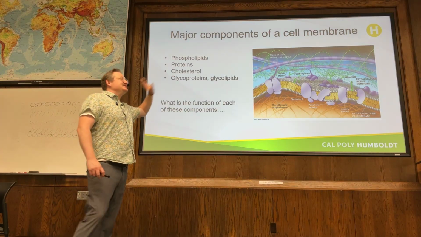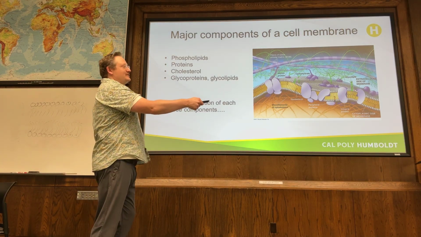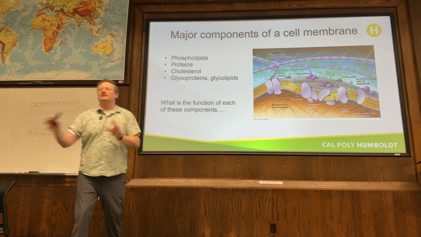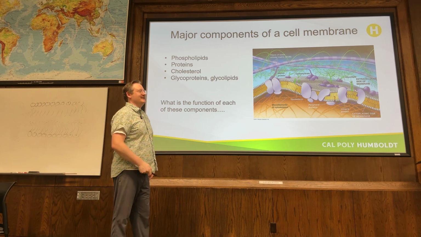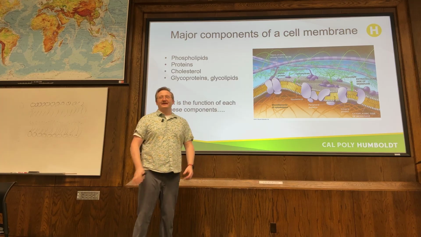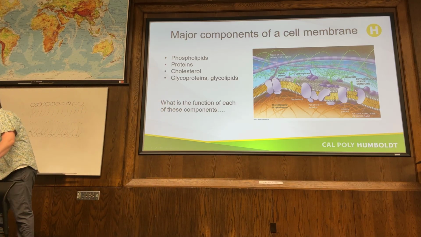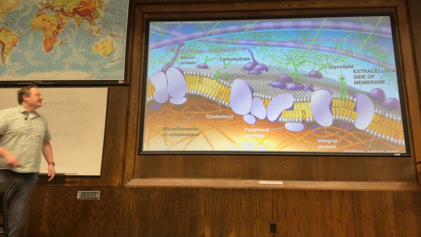So there's all this stuff embedded into the phospholipid bilayer, right? Including proteins, cholesterol, glycoproteins, glycolipids. A glycoprotein is just a sugar plus a protein in one molecule. A glycolipid is a sugar plus a fat, okay? And usually these molecules exist to do this. Check it out.